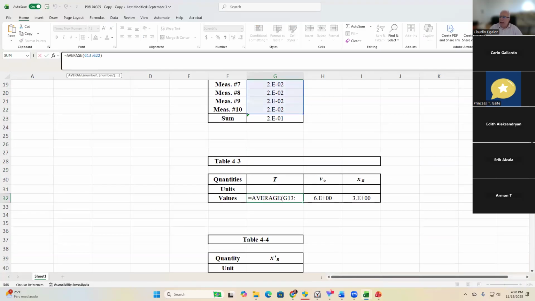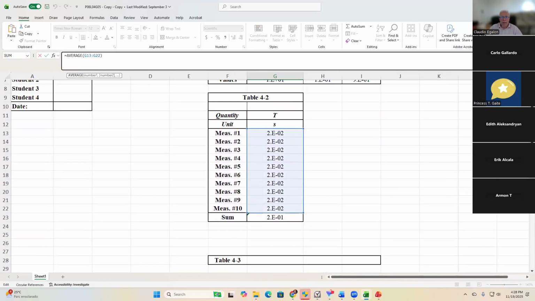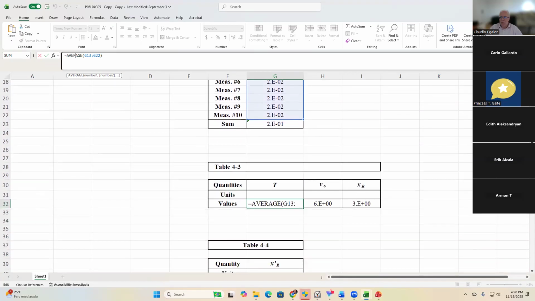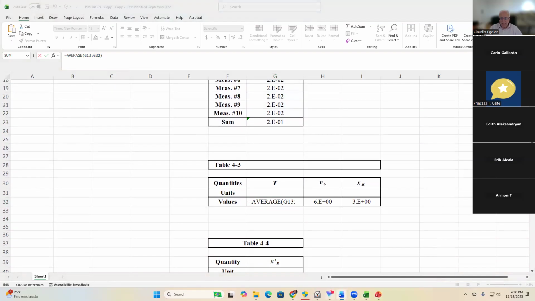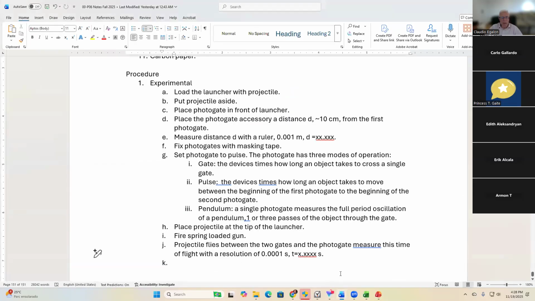Average of all the 10 measurements. So we fired the projectile 10 times. Fire the spring-loaded gun 10 times.